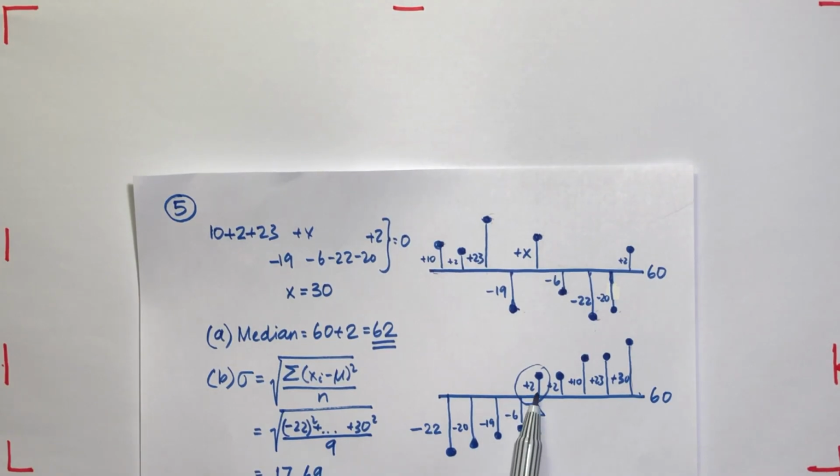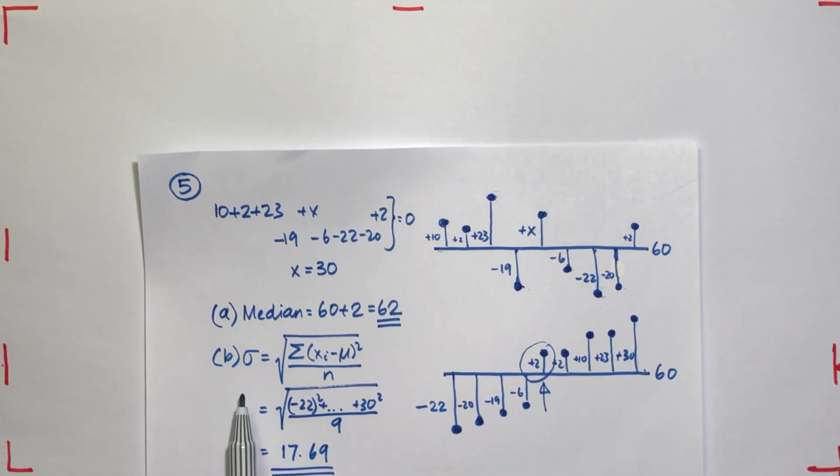And here, since we have 9 subjects, the subject in the 5th position is the median. So here, the median has a deviation of 2. And since the mean is 60, the median is simply 60 plus 2.